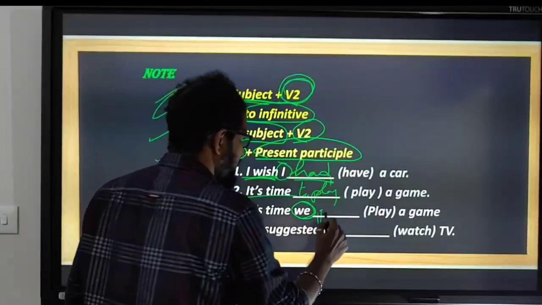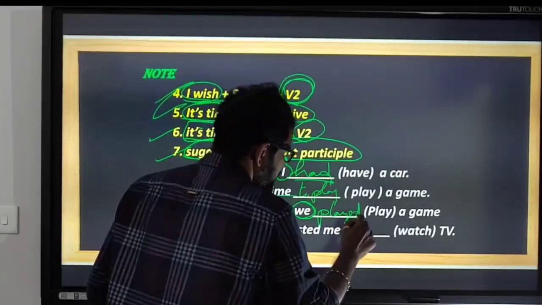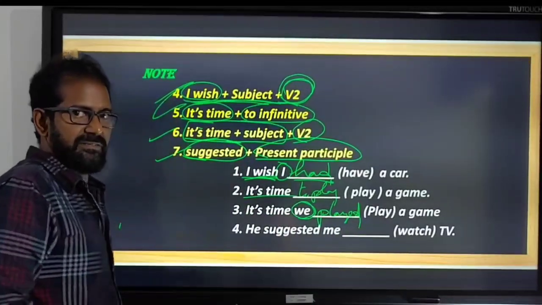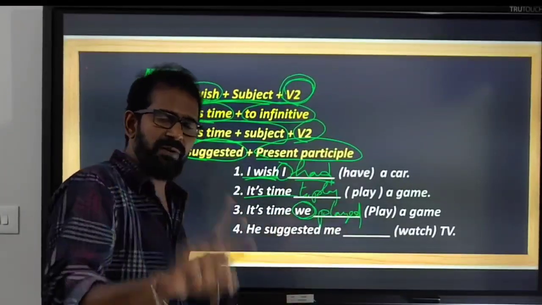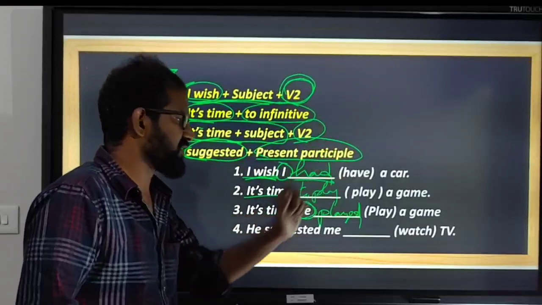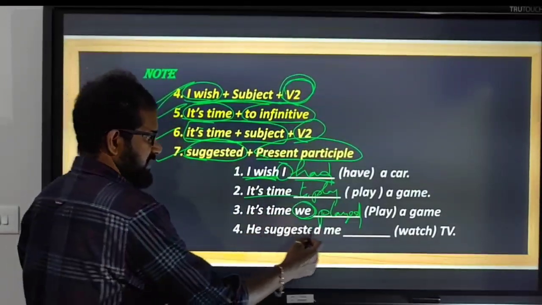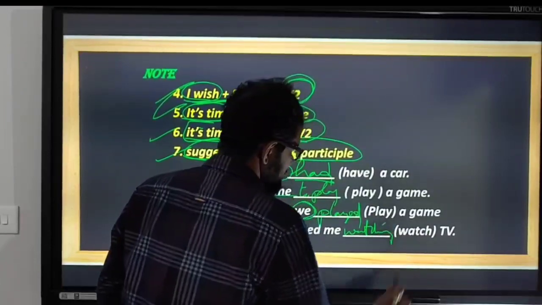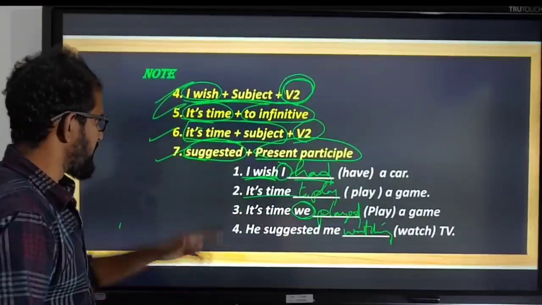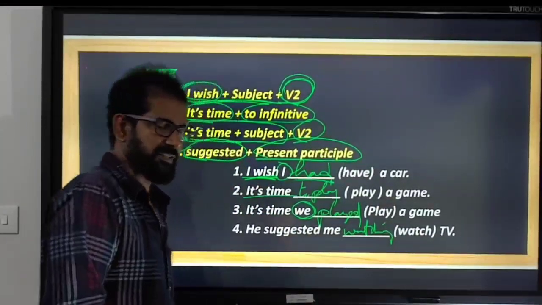It's time we played. So even though the paragraph is in present, we need to follow the same rule. Even though the paragraph is in past, we need to follow the same rule. He suggested me watching TV. After suggested, we use the participle.